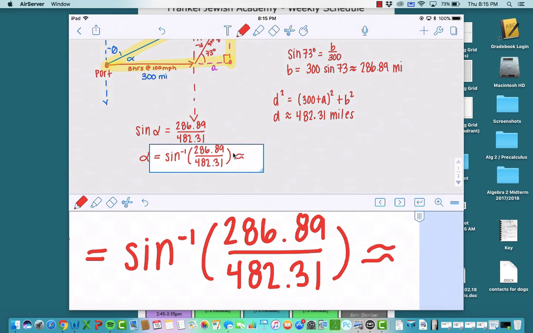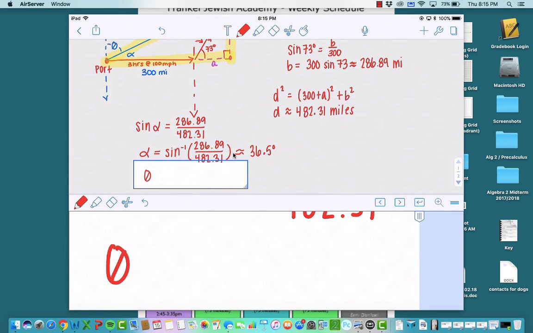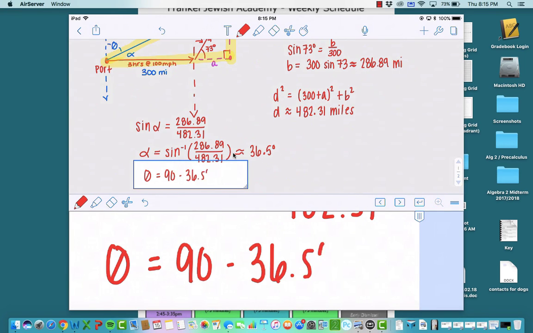So again, I go second sine, which is sine of 286.89 divided by 482.31 to get 36.5 degrees. Now that's alpha. Theta is going to be 90 minus 36.5 degrees. So 90 minus second answer is going to be 53.5 degrees.